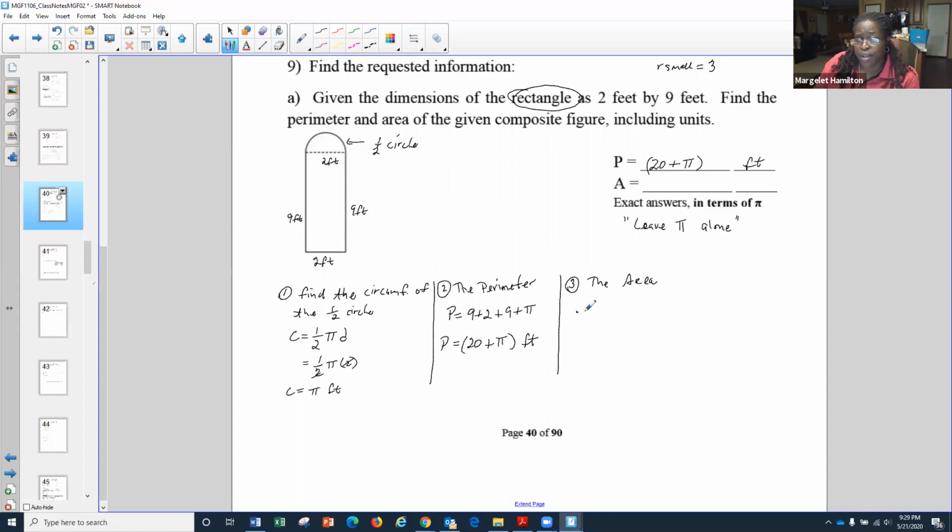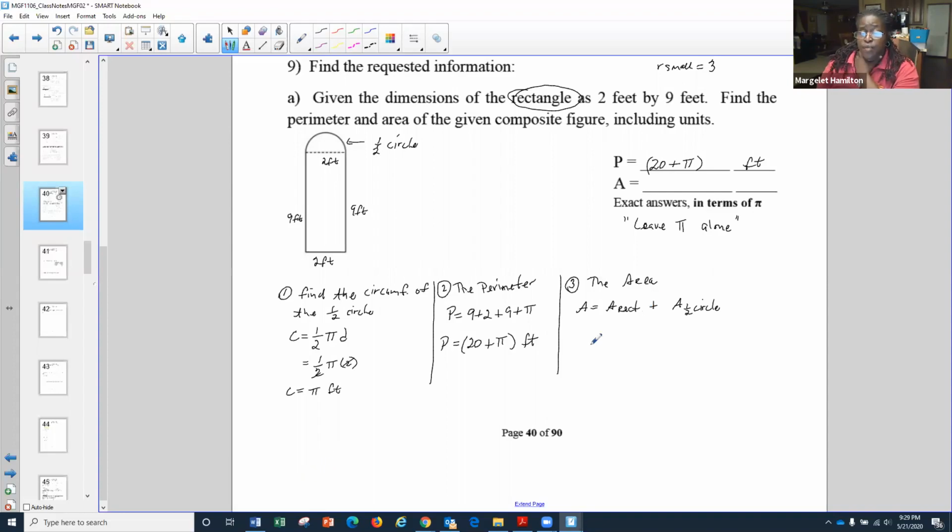So we have the area equals the area of a rectangle plus the area of a half circle. Keep it consistent, okay? Now that we have our pieces listed out, now we got to go find our formulas.